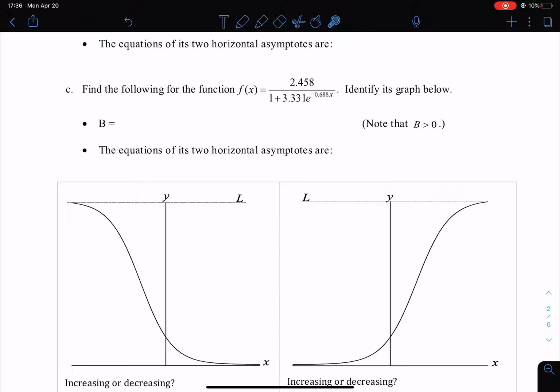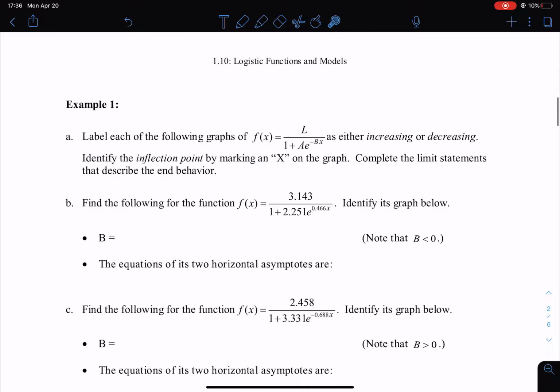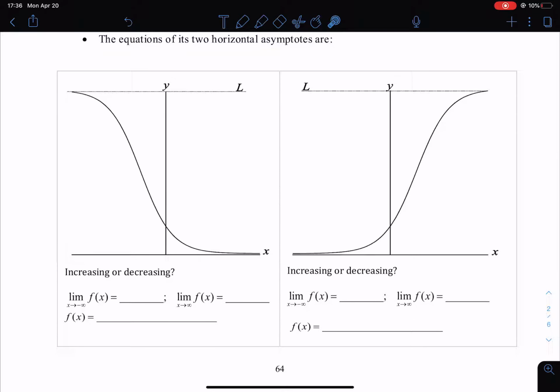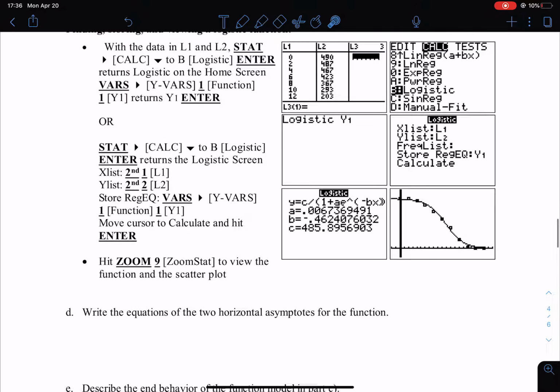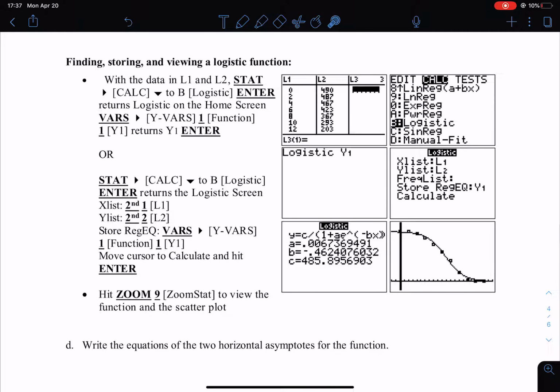But no matter which one it is, it always has two horizontal asymptotes: y equals 0, and the other one is y equals L. The only difference is that for the first one, when x goes to negative infinity, the function stays at L. But for the other one, when x goes to positive infinity, the function stays at L. And the rest is the same.